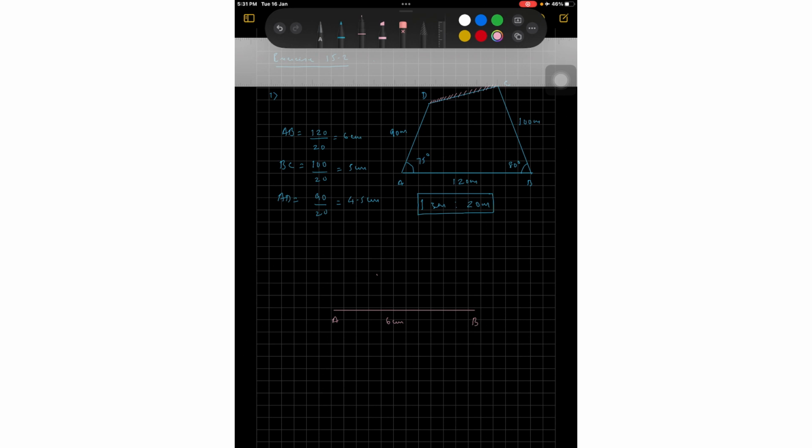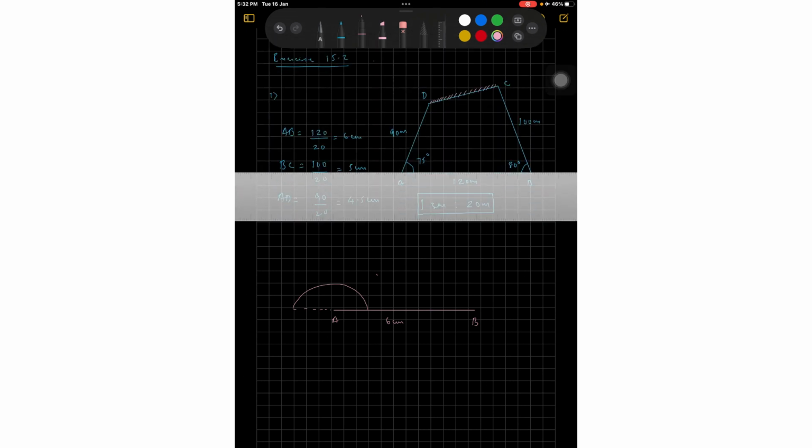Now keep your protractor at the end A. When you keep your protractor, it should look something of this kind. I'm just drawing it for you. The protractor would be coming in as such, and you make a 75 degrees drawing from here with your ruler.